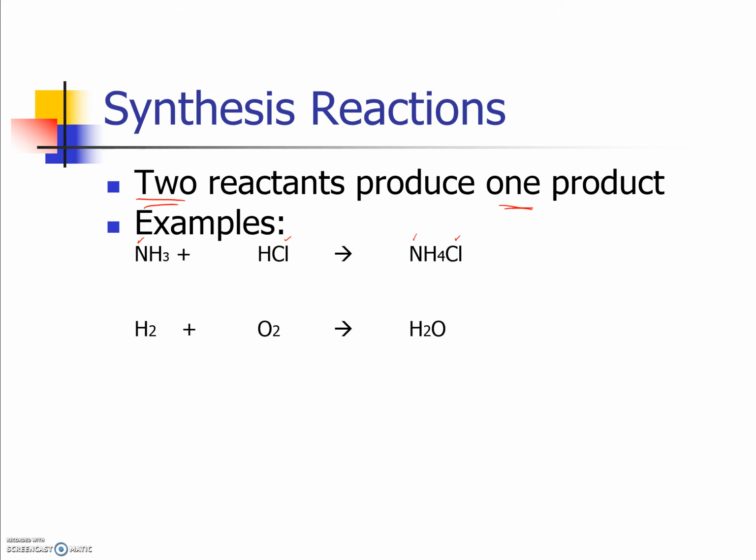Taking a look at another one, I have hydrogen plus oxygen becomes water. Now we're going to talk a little bit more specifically about this, but there's a series of elements that, when they are just the element by themselves, like to be 2 of them. If you think about how they are most stable, we did a lot of diagrams in bonding about H2, O2, N2, and then all of our halogens.